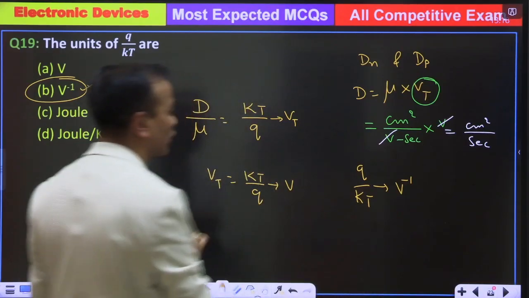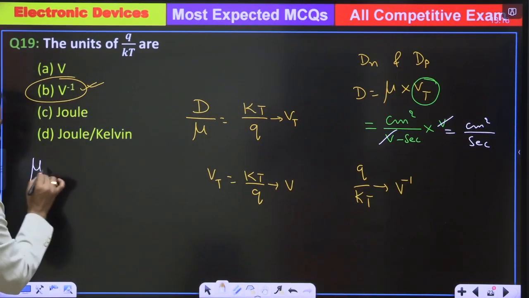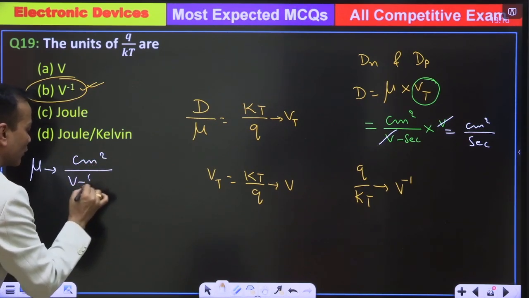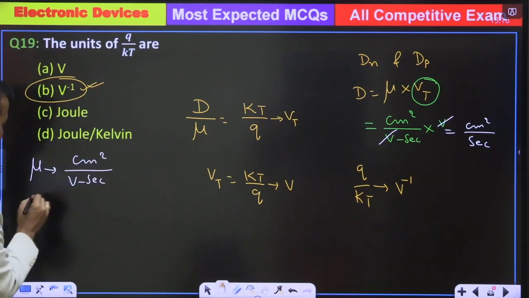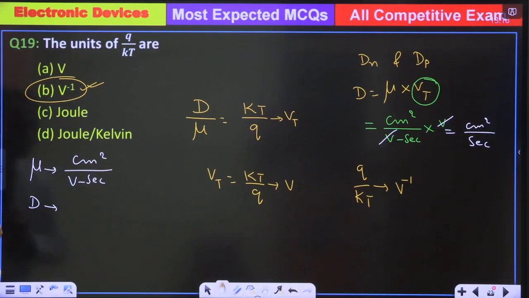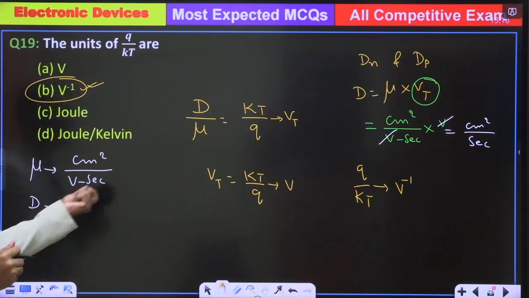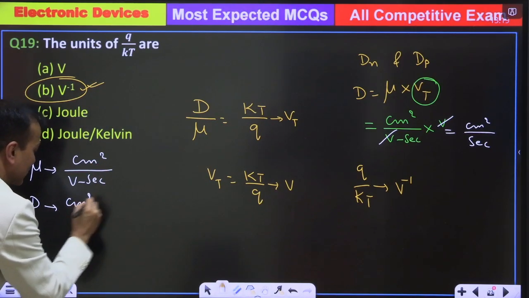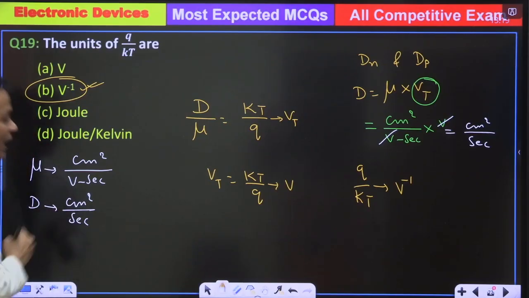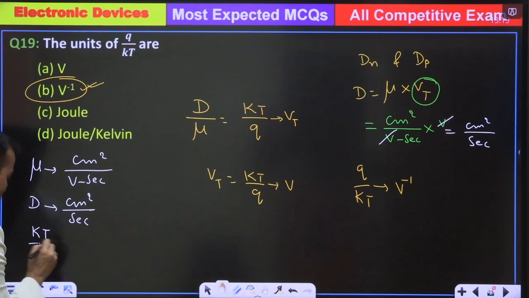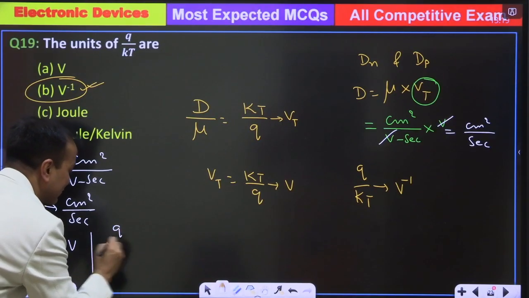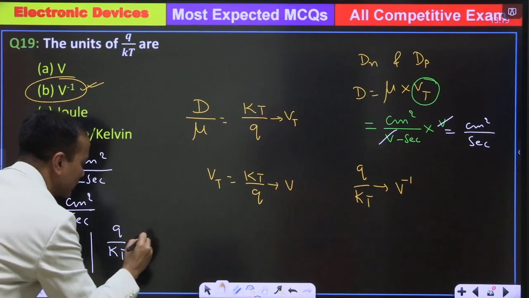Here I am just going to summarize that mobility has the unit of centimeter square per volt per second, and D, the diffusion coefficient or diffusion constant, has the unit of centimeter square per second. Then again, kT by Q has the unit of volt, and Q by kT has the unit of per volt.